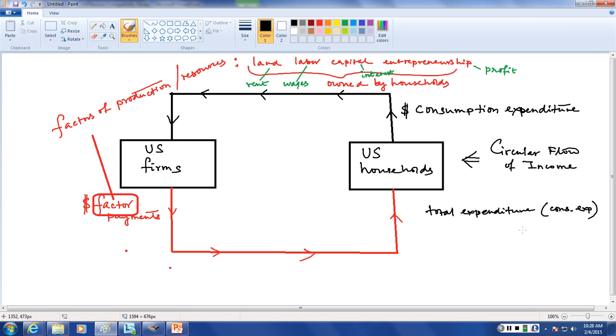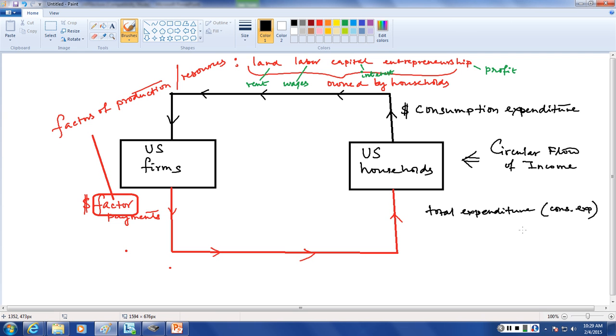Now, let's say that households this year have spent $1 billion on goods and services. Now, the fact that they have spent $1 billion in goods and services implies that $1 billion worth of goods and services were then produced for them. Now, you can only buy stuff that has been made for you. Correct?